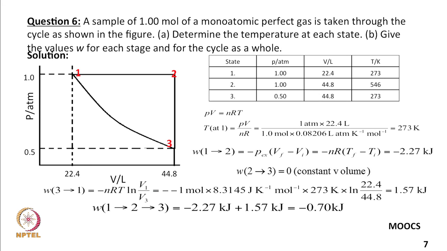So, W is minus 0.70 kilojoules. Note that net work is done by the system on surroundings.